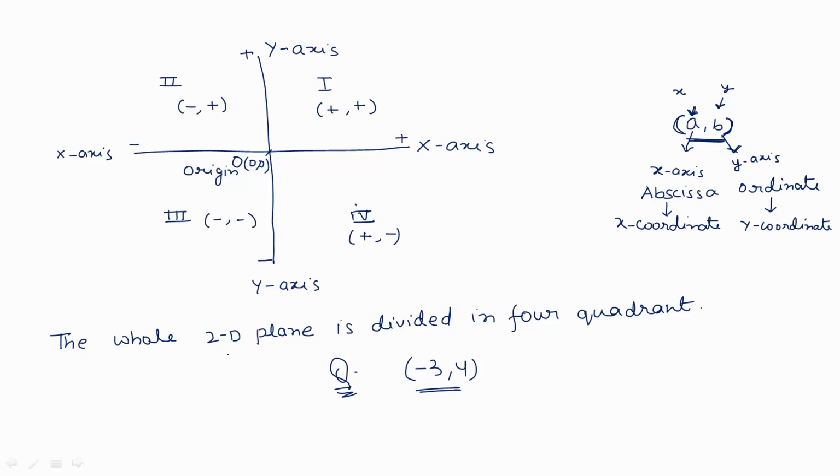So check the sign of both numbers. The sign of x is negative and the sign of y is positive, and minus plus lies in the second quadrant, so minus 3 comma 4 lies in the second quadrant.